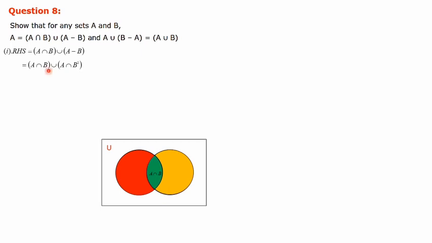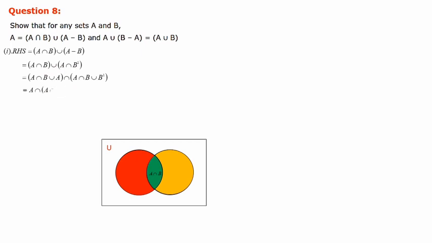Now let's expand this one, that is A intersection B, this symbol union, first element A intersection B union A, then this symbol intersection, then again A intersection B union B naught. We have expanded.